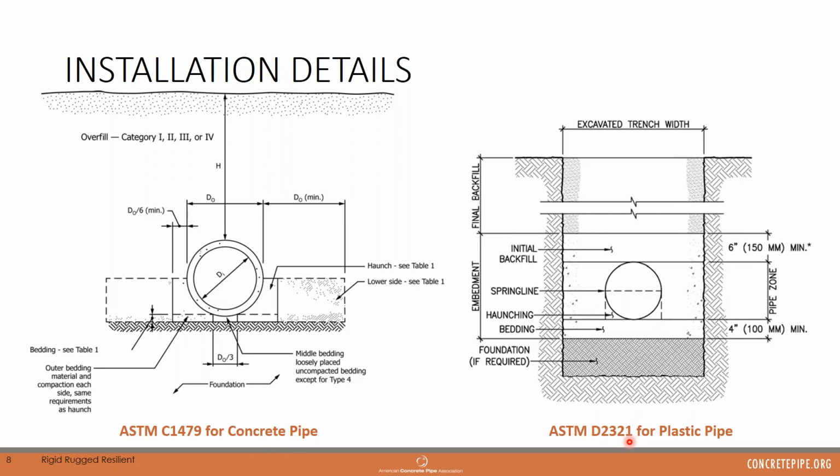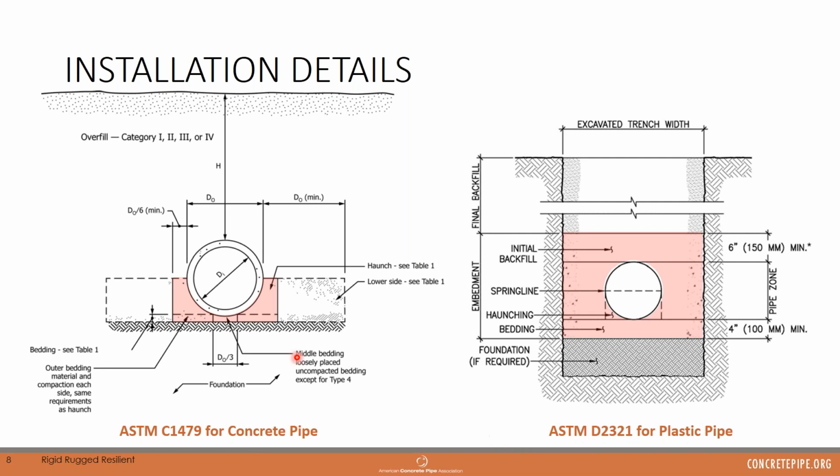And for those reasons that I just explained in the last two slides, we have very different bedding details. So on the left, I have C1479, which is the installation spec for concrete pipe. And on the right, I have D2321, which covers the installation of plastic pipe.